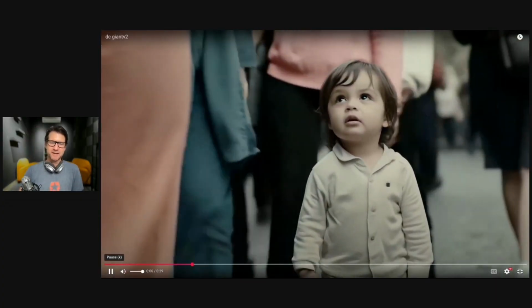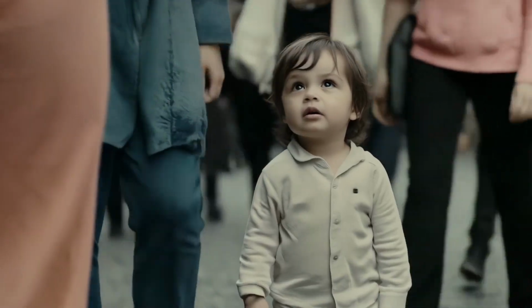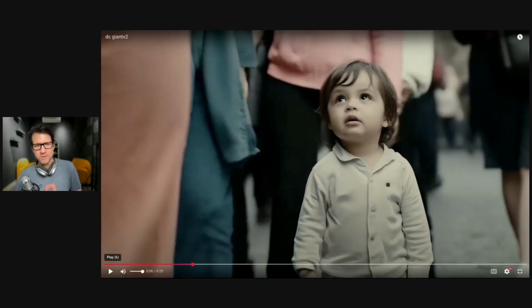And so if I keep going, that's essentially what our first shot is. We introduce you to our character, our little boy, and we just wanted this shot of him looking up at the giants in his world. He looks a little bit bewildered. We see people ignoring him, walking around him, walking past him, no one really acknowledging him, and him simply looking up and wondering what this is all about.